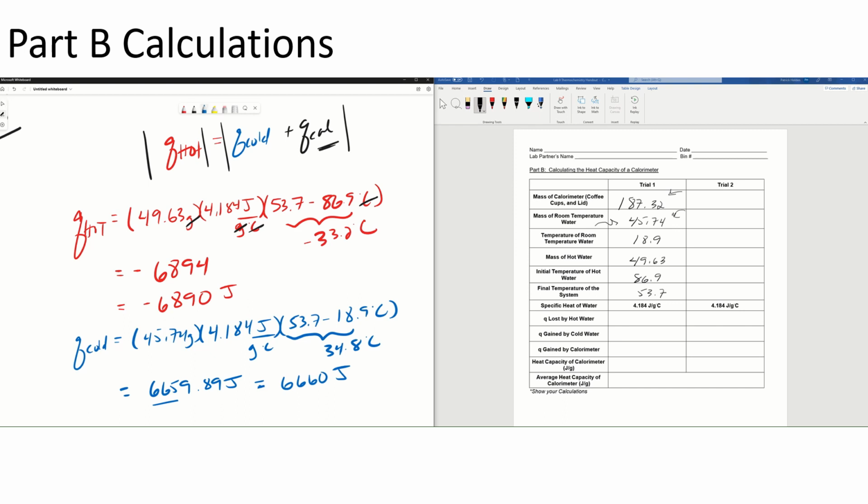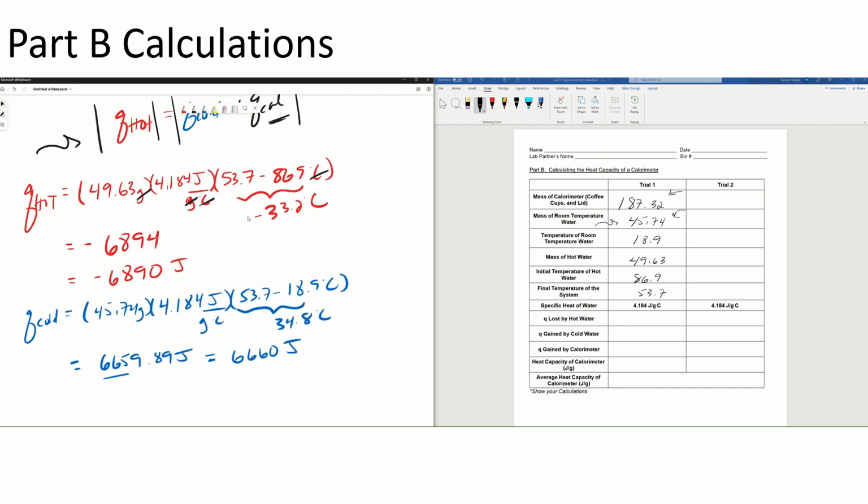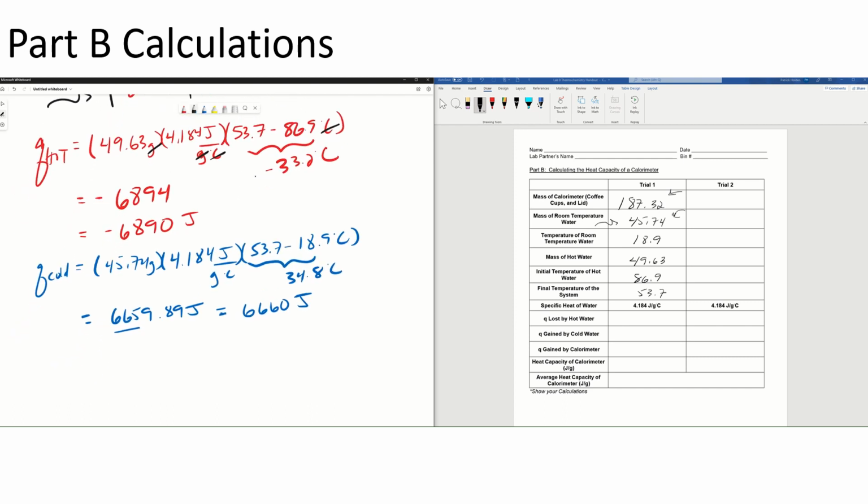So now that we have these 2 values, we can go ahead and plug them in up here to find the Q of the calorimeter. And it says to use the absolute value, so that's what we're going to go ahead and use. We have 6,890 joules is equal to this 6,660 joules plus the Q of the calorimeter.